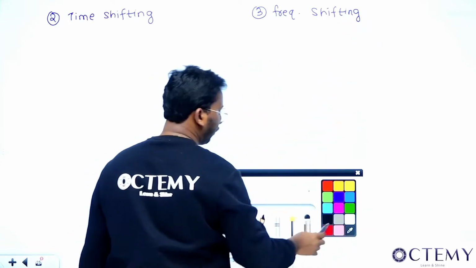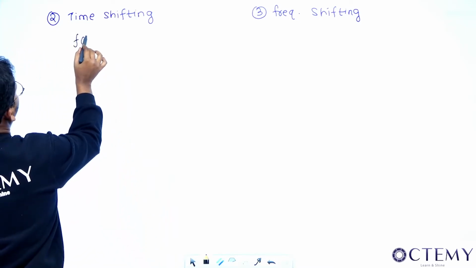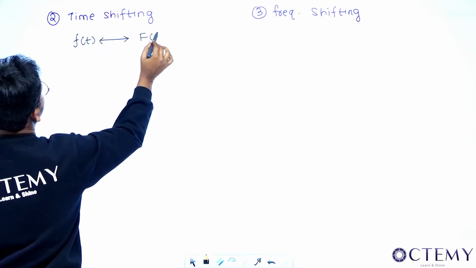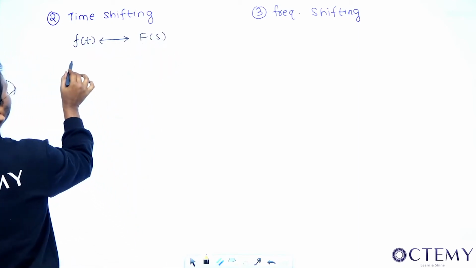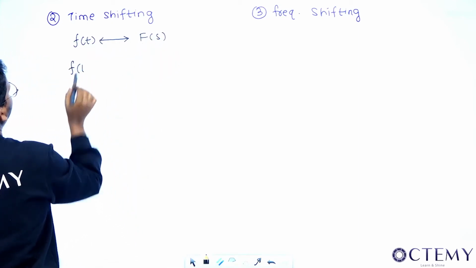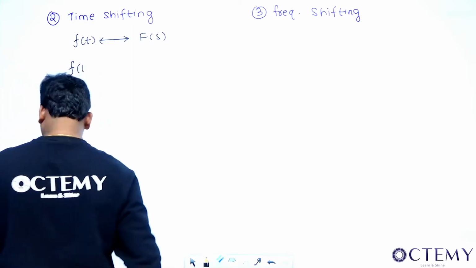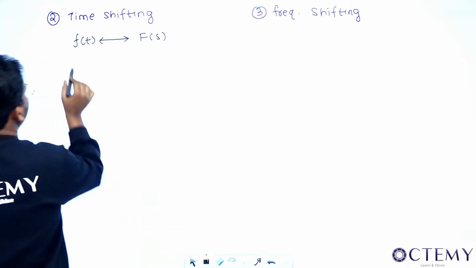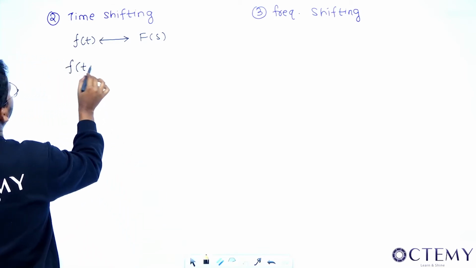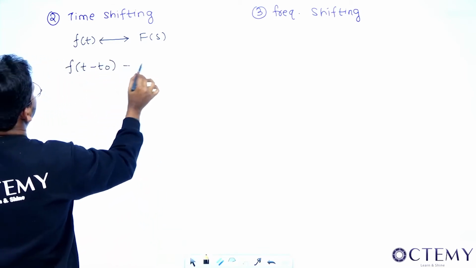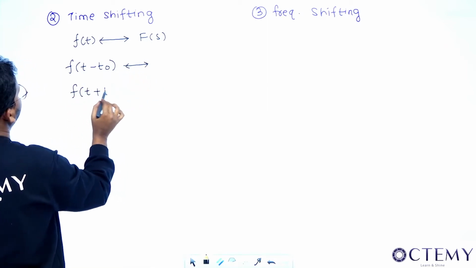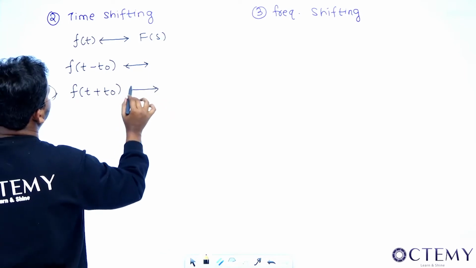Now, if I want to talk about time shifting, if the Laplace of f of t is F of s, then what will be the Laplace of f of t minus t naught, and f of t plus t naught?